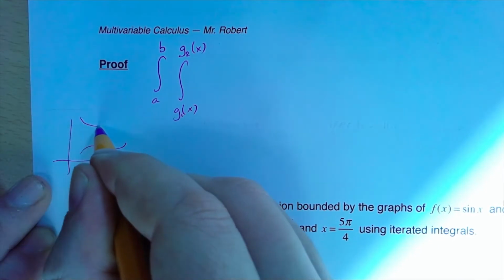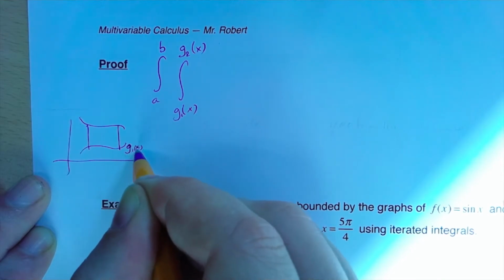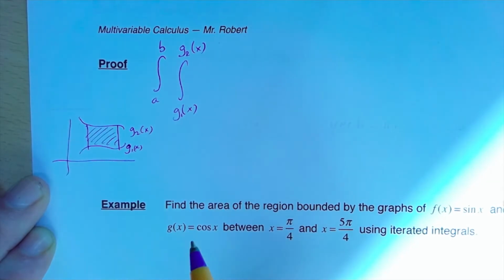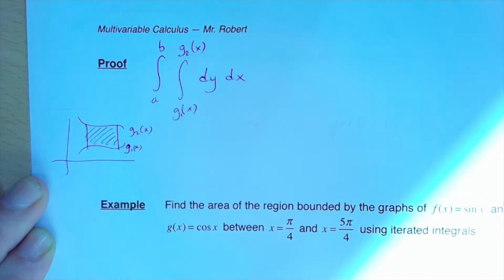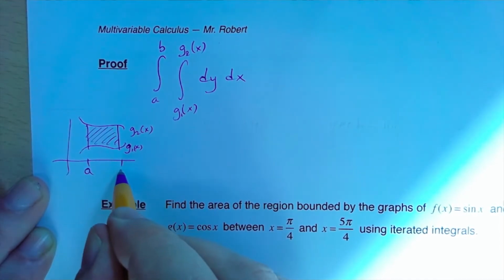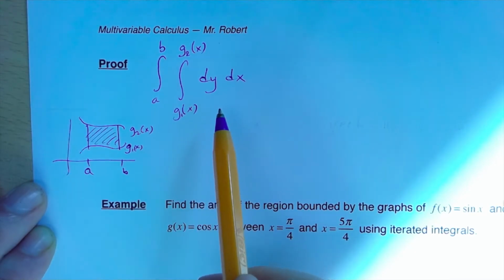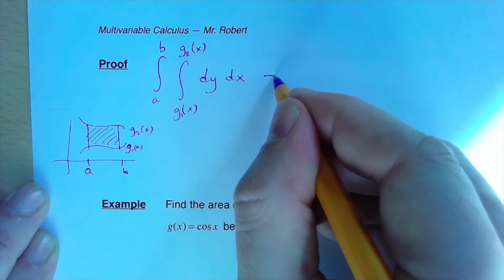We're interested in finding the area between these two graphs from g1 of x to g2 of x. And it is said that this is the integral from a to b of the integral from g1 to g2 of dy dx. We can show this very quickly.